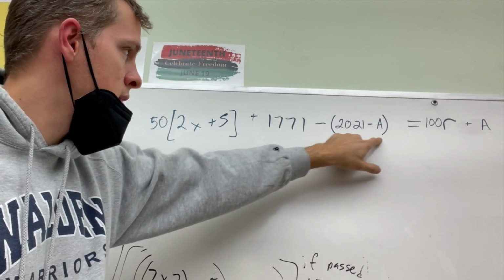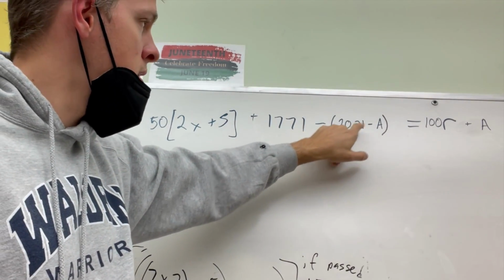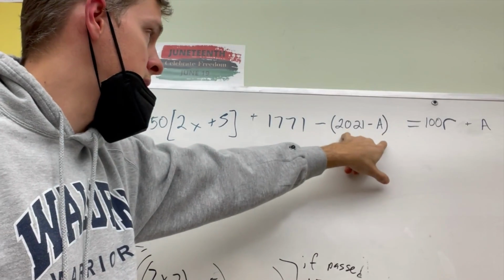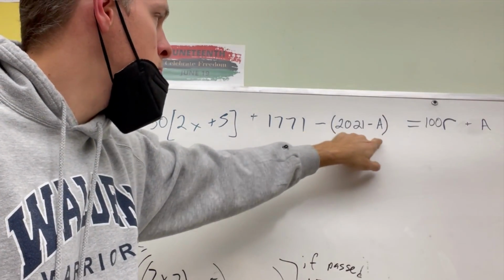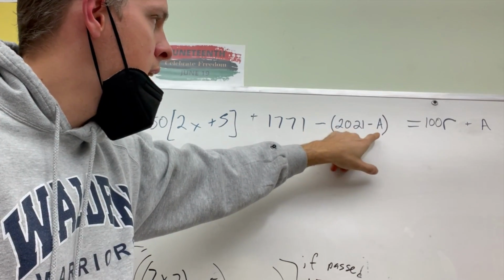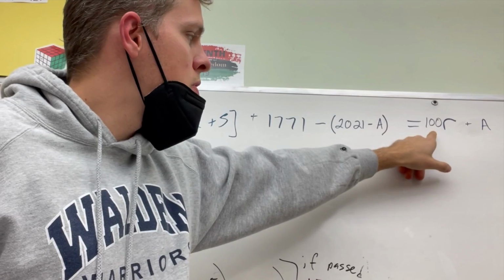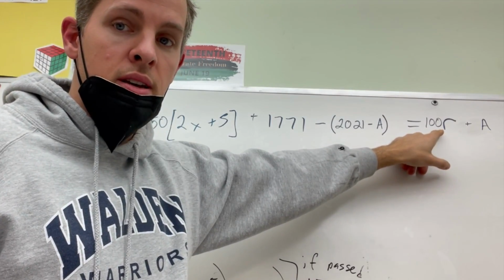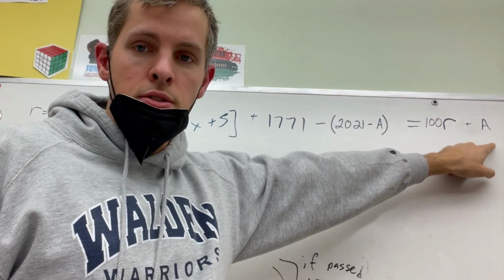And the reason I have it written like this is this year, 2021, subtract your age gives me, for me, I'm 31, so that's 1990. So I wrote this part in terms of age, and then finally it's going to come out to the hundreds place, which is 100 times that random number plus your age.